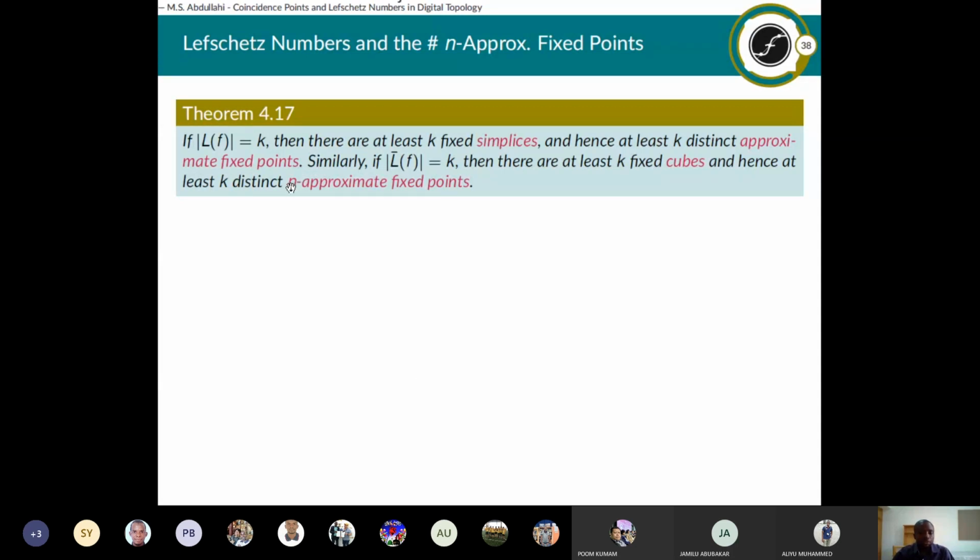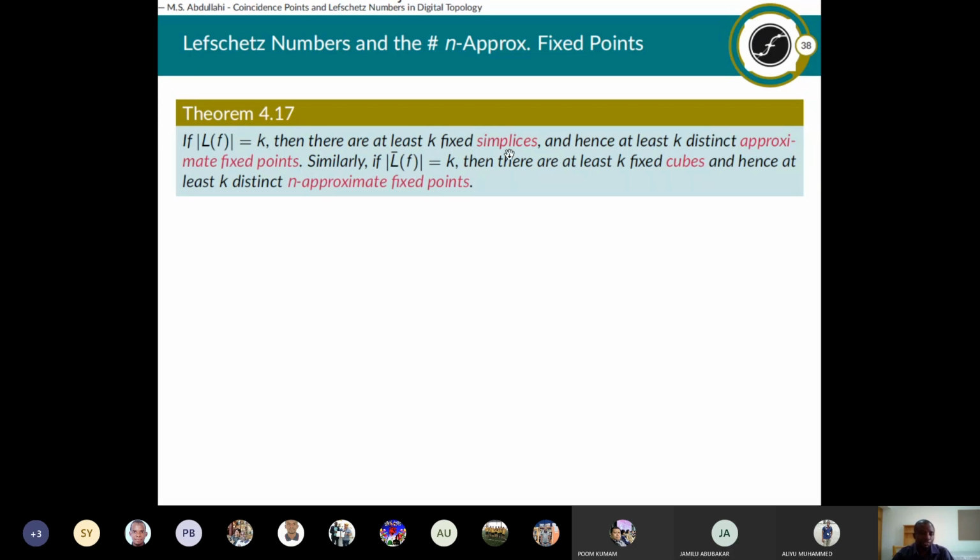Here we are going to recall the relationship between these Lefschetz numbers and the number of fixed points or approximate fixed points. If the absolute value of the Lefschetz number is equal to k, then there are at least k fixed simplices by our previous theorems.